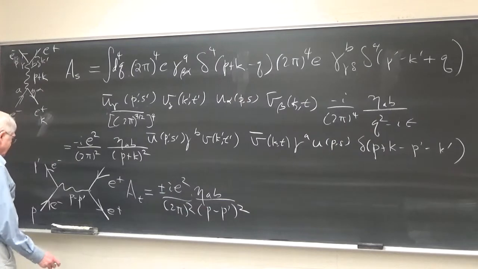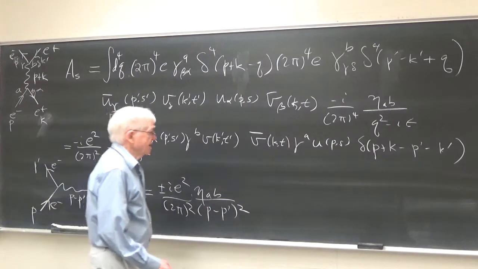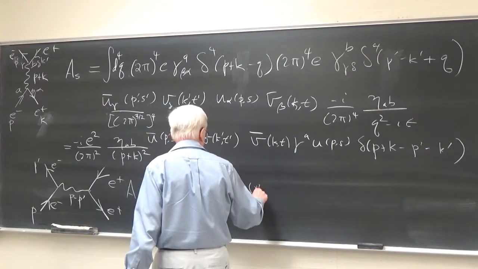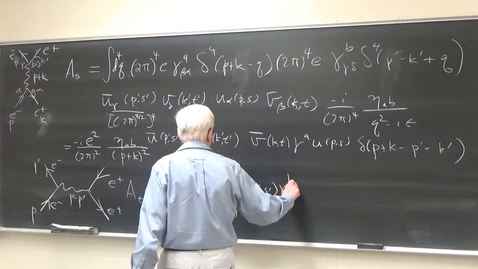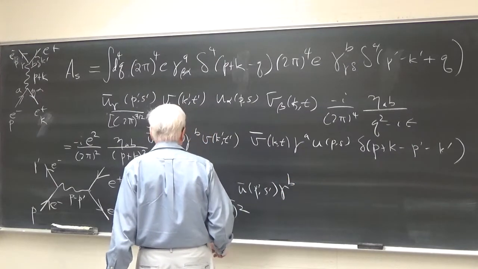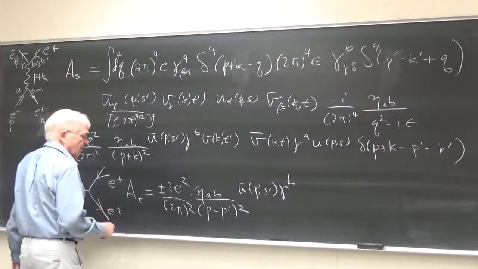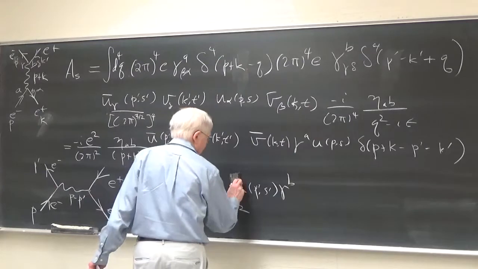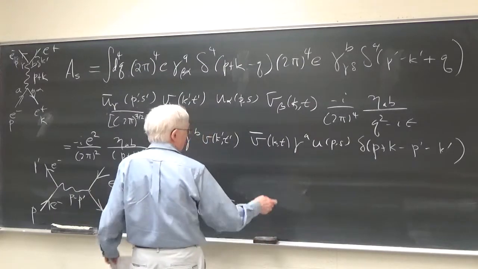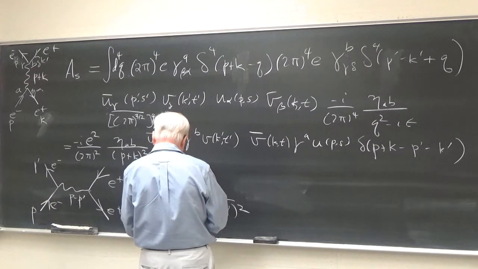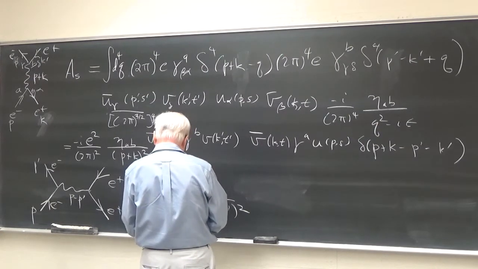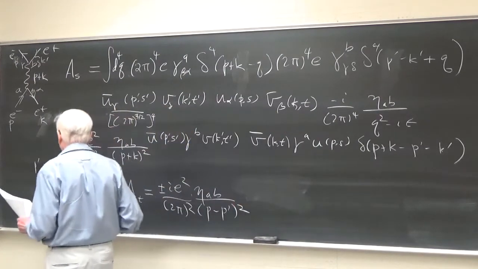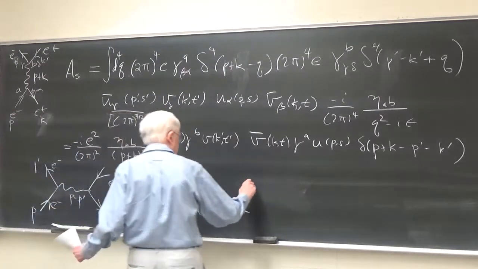And then the vertices are going to be, the final vertex will be ū(p′, s′) γ^B... Oh no, if this is the second vertex, this should actually be... all right, let me write the first vertex down.